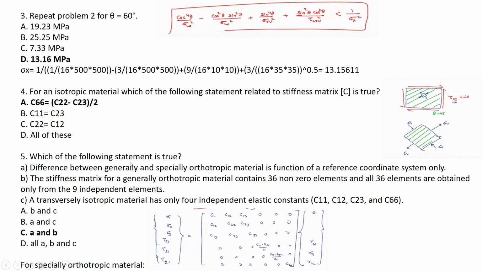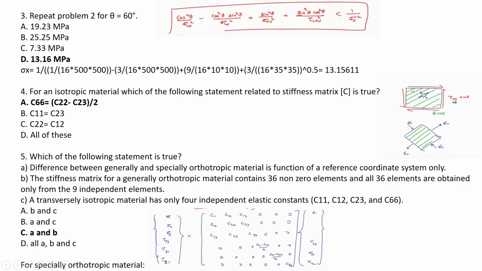Then in the fifth question, they have asked which of the following statements is true. The first one is that the difference between generally and specially orthotropic material is a function of the reference coordinate system. In one of his questions, he has taken this as reference. This was a case when pure shear stresses are applied, with fibers oriented around 45 degrees and shear stress applied.